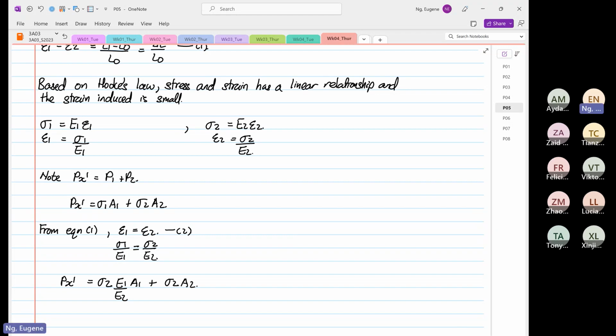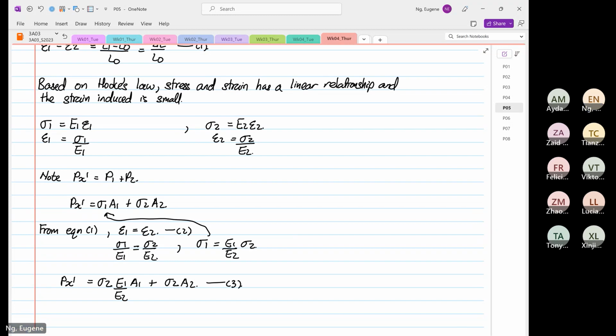So what I've done here is, if I put a comma, we can write stress 1 is equal to E1 over E2 multiplied by stress 2. You see that? So I substitute this into this expression over here, and I get equation number 3.